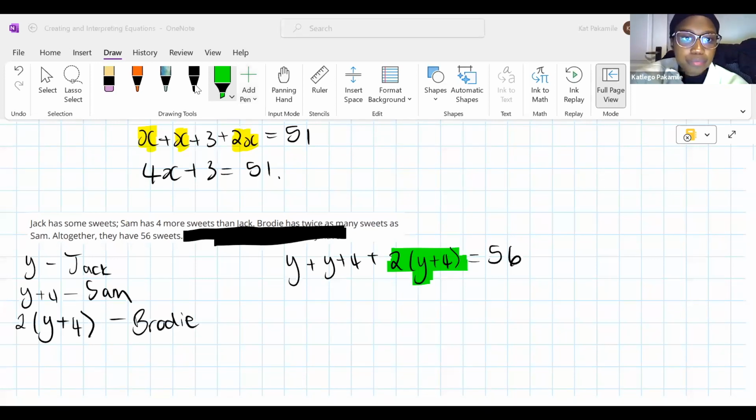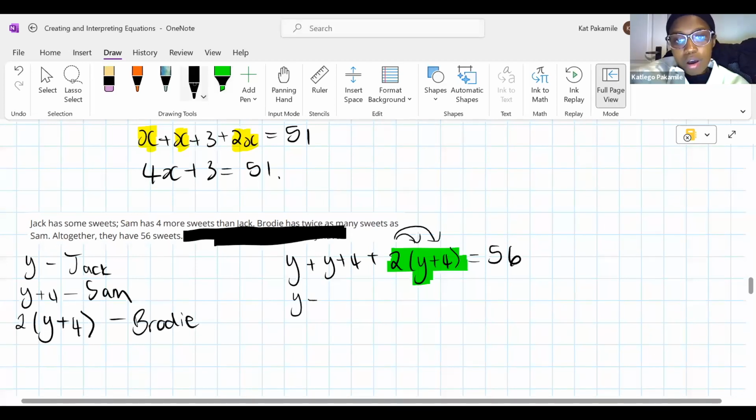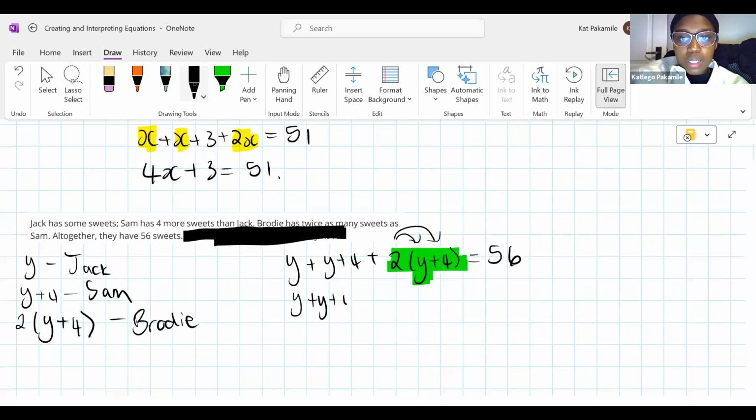So we'd say 2Y plus 8. So let's leave these the way they are. So it's going to be Y plus 4 plus 2Y plus 8 equals 56. Now add our like terms. It's going to be 3Y plus 12. 3Y plus 12 equals 56. Beautiful. Thank you very much, Tato.